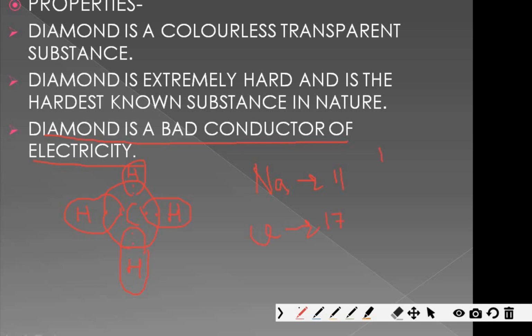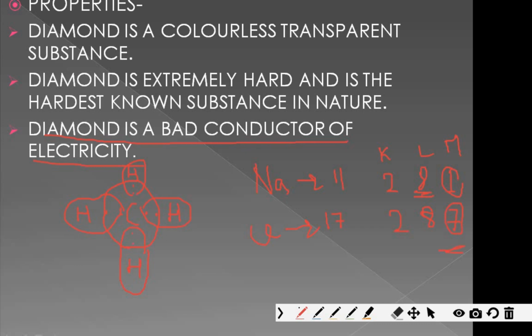So in the K, L and M shells, in K we will have 2 electrons, in L we have 8 electrons, and in M we have 1 electron, as well as chlorine with 2, 8 and 7 electrons. So if sodium loses 1 electron, it will have an octet and it will be stable, and if chlorine accepts 1 electron, it will have an octet and it will be stable.